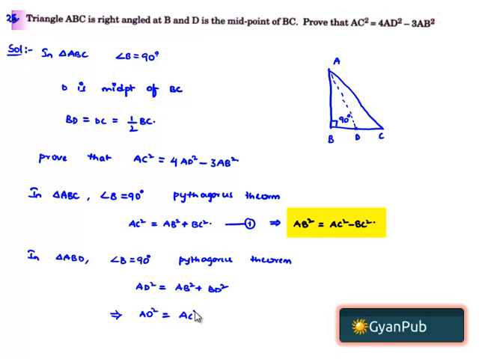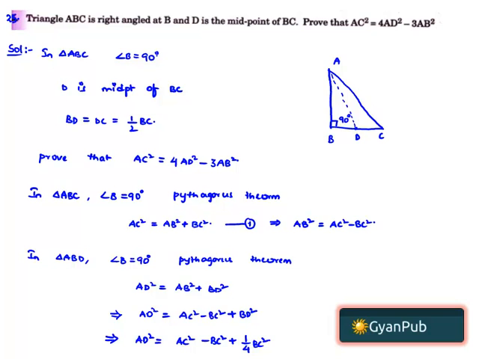Then we get AD square is equal to AC square minus BC square plus BD square, and BD square is nothing but half BC whole square, that is 1 by 4 BC square.